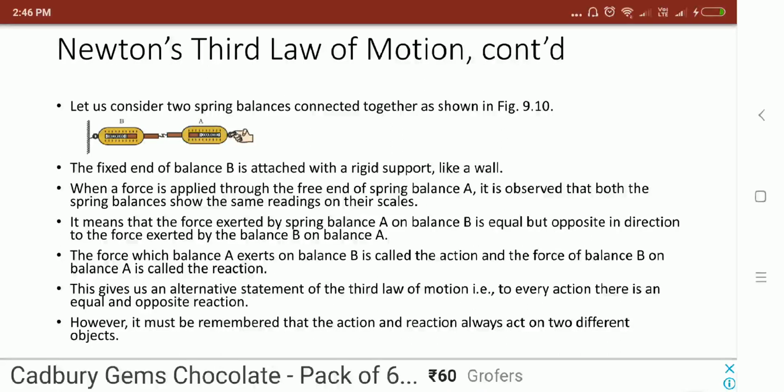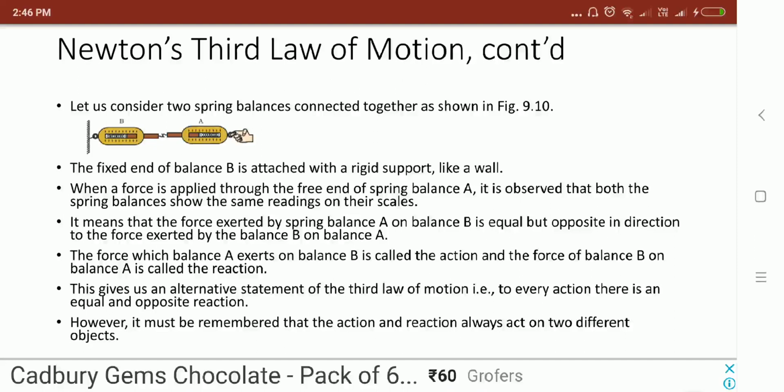It means that the force exerted by spring A on B is equal and opposite to the force exerted by spring balance B on A. So the force of balance A on B is the action and the force of B on balance A is the reaction.